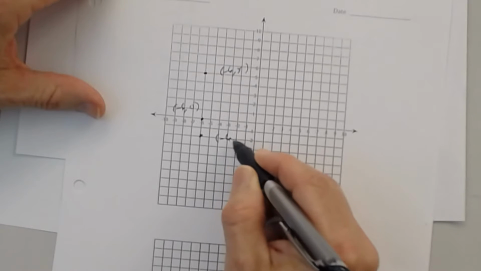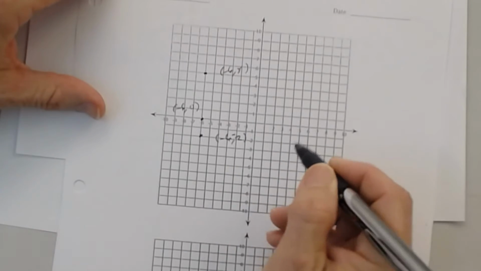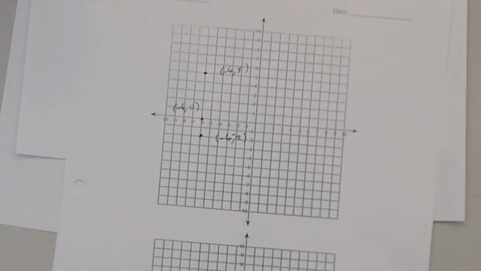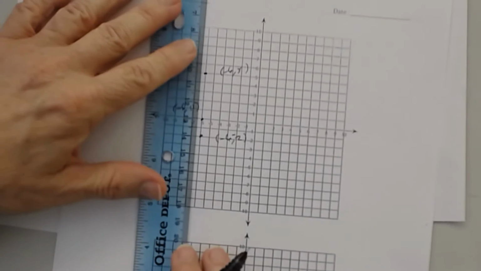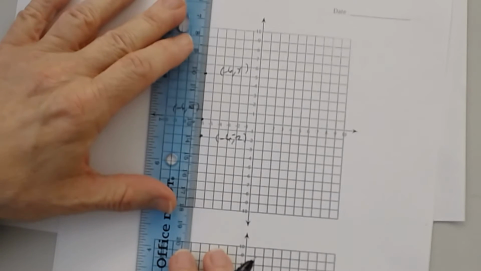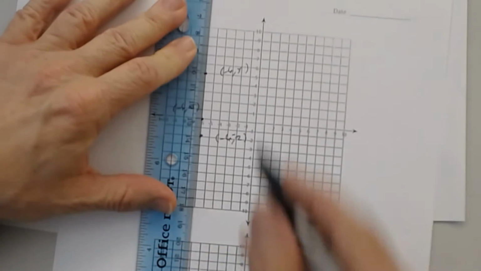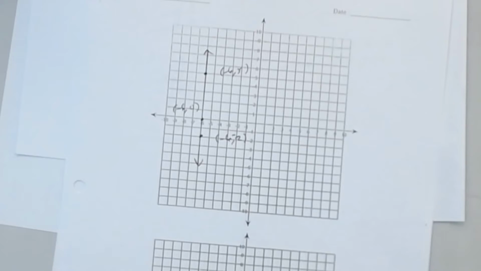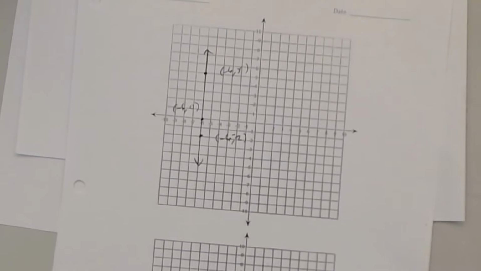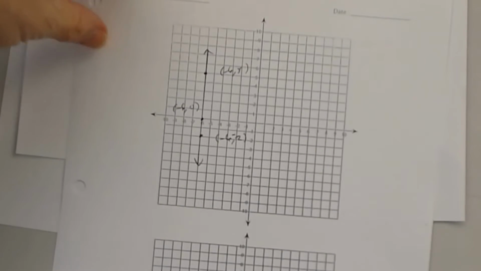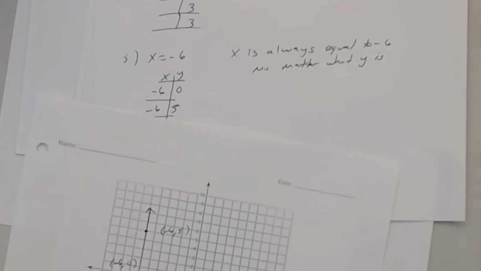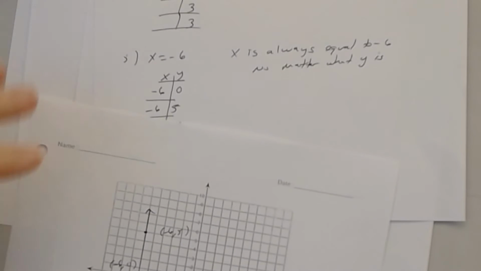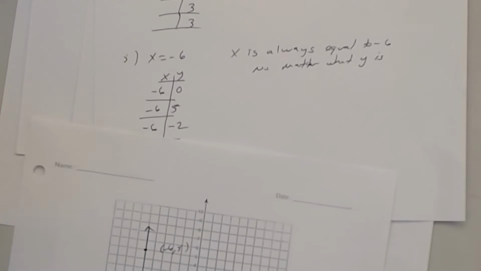All right. And notice when I draw my line, this is what kind of line? Vertical. That's a vertical line. Okay. Now notice the first 3 we did where we had 2 variables, and then the last 2, 4 and 5, where we had 1 variable.